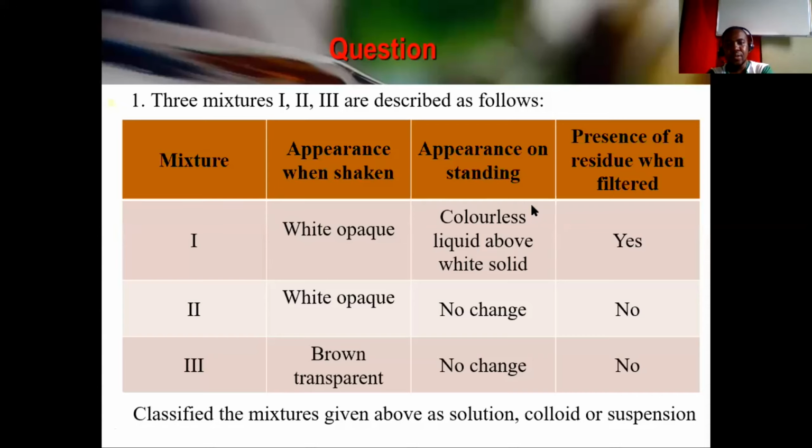What in that description would cause it to be a suspension? Colorless liquid above and a white solid below. Exactly. We know that when it's standing or settled, the solid particles settle at the bottom. So mixture one would be a suspension.